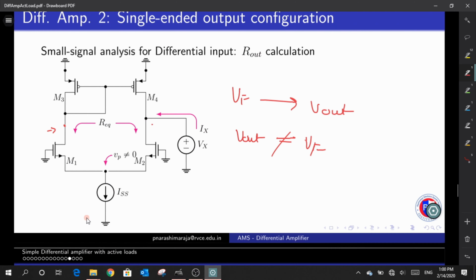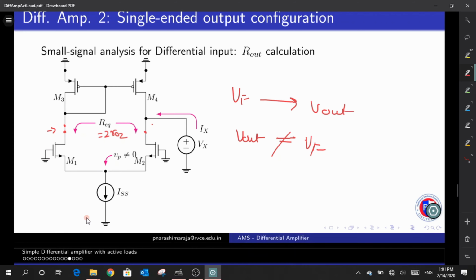So the equivalent resistance that I see from this point to this point is equal to this quantity. Now, how is that possible? The whole point is that whatever current flows into the drain of M2 has to come out of this. Only from that perspective I'm telling. And after this, either it goes directly to the ground or goes through a resistance, doesn't matter.